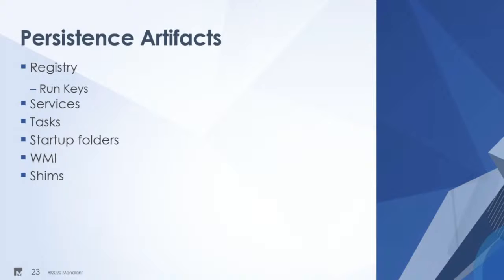WMI and shims, I wanted to list them. They're a bit more advanced, and you don't see them quite as often, but these are the type of, not trick questions you might get, but the type of questions that you might get to see how well you understand persistence.